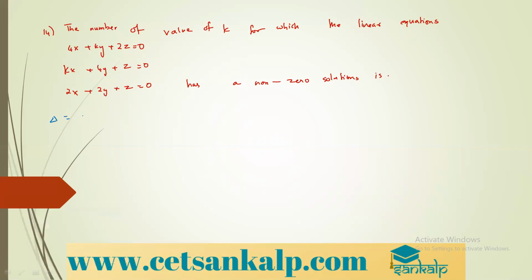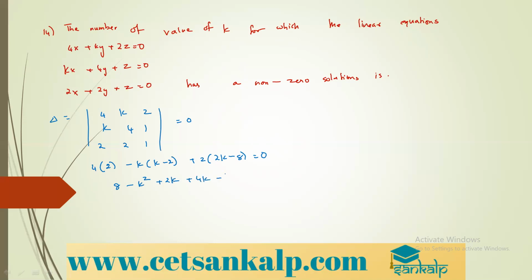That means when you make the determinant of the coefficients, 4, k, 2, k, 4, 1, 2, 2, 1, it should be 0. That means 4 into (4 minus 2) minus k into (k minus 2) plus 2 into (2k minus 8) is equal to 0. Solving it, 8 minus k square plus 2k plus 4k minus 16 equal to 0.